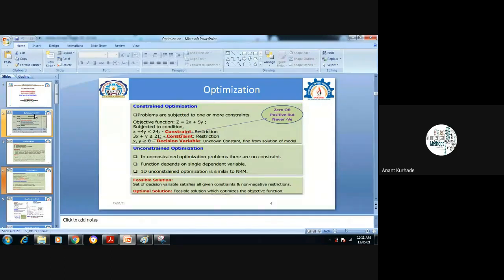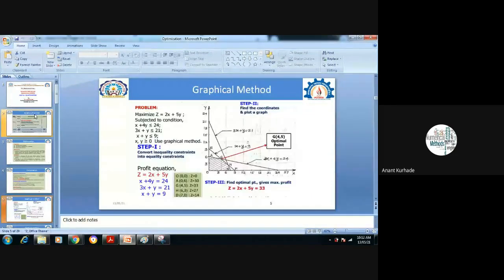If you have a problem related to formulation of LPP, how can you get the objective function? First find two words: profit or loss, or maximize or minimize. Whenever you find profit, your objective function should start with maximize z is equal to whatever. If you find loss, then you have to start with minimize.